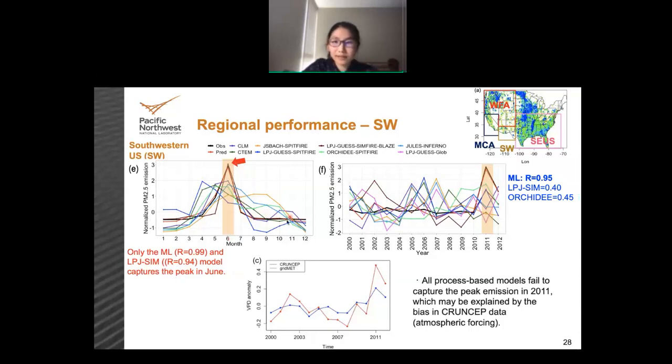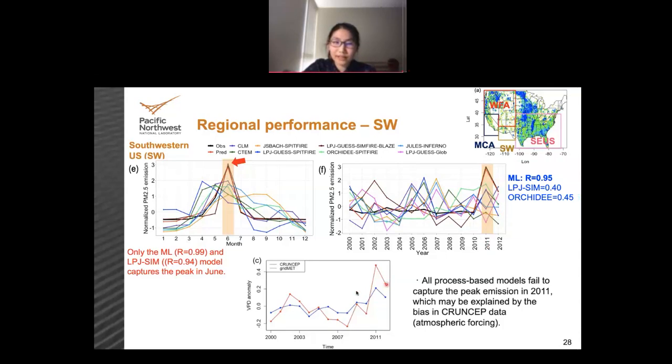If we look at the time series over here, we see that for this region, there's a very high peak in 2011. Based on the literature, we know this event is associated with very high VPD. So it's very dry and very hot.